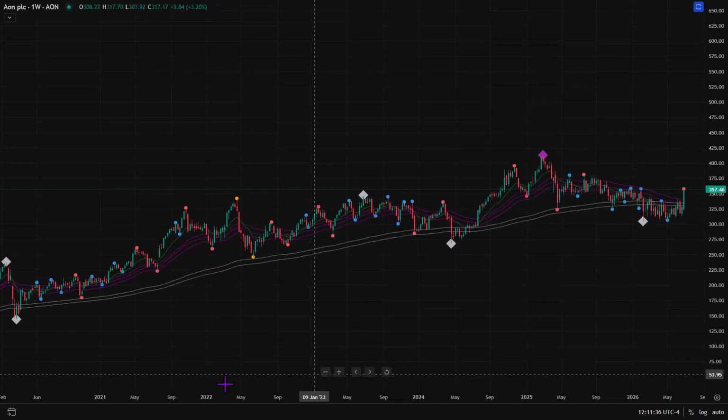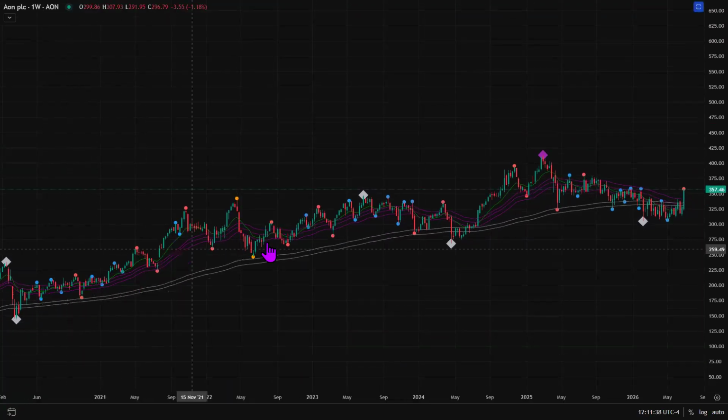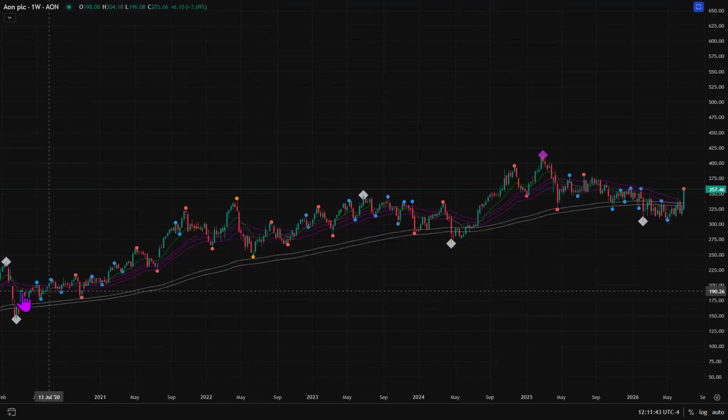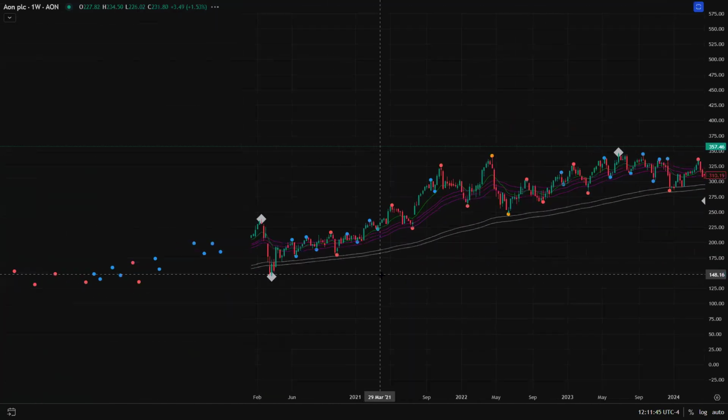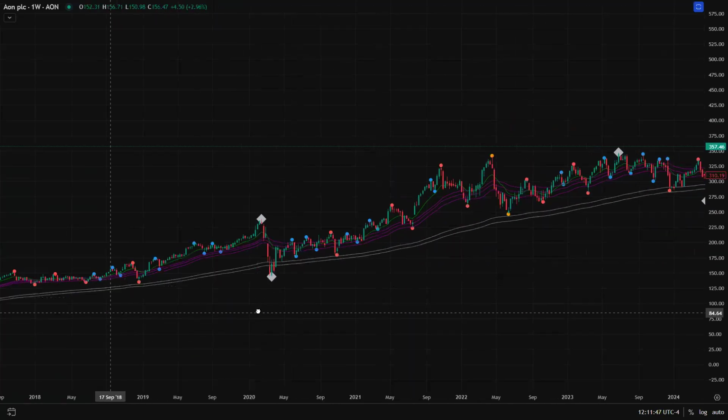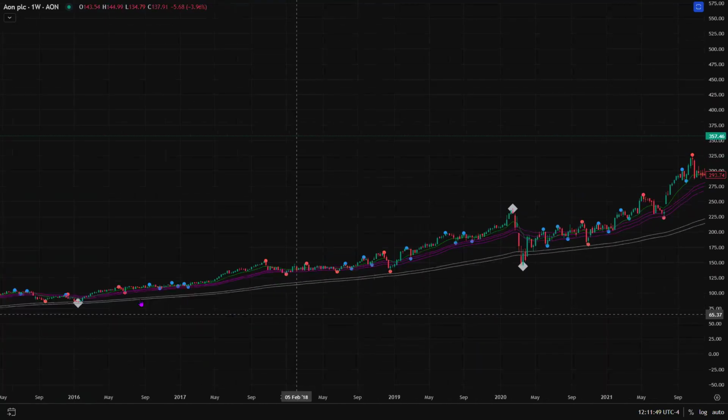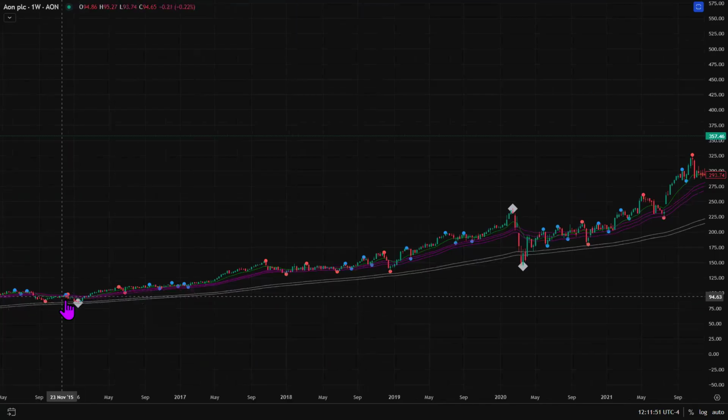So when the wave is above the tunnel, we're in an uptrend. And we've been in a very long and steady uptrend, going back to 2016 even and further.